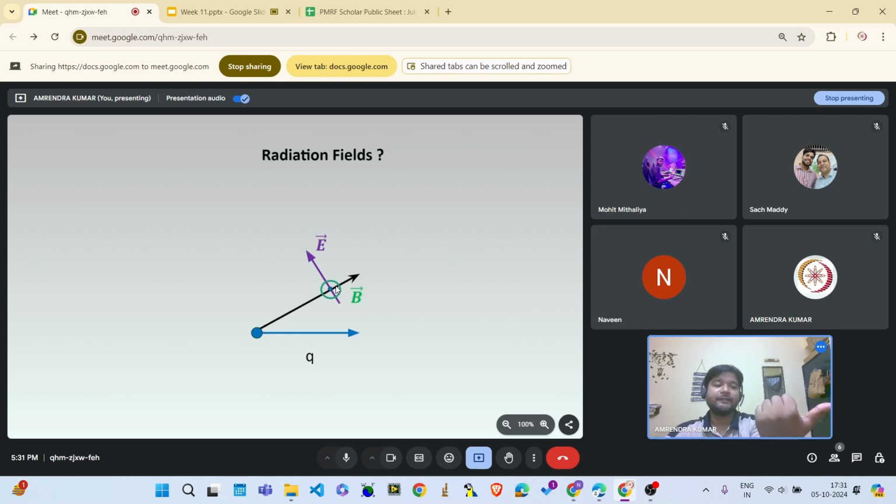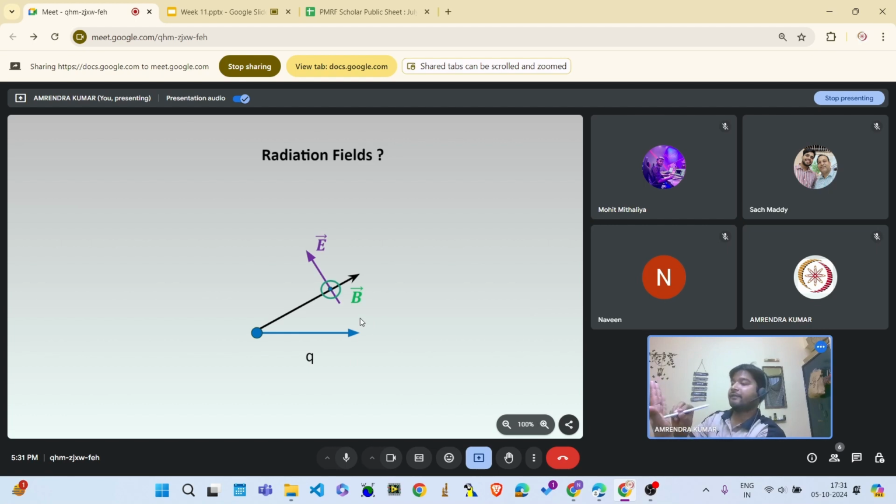E cross B will be like this, and that is giving you the propagation direction. This is the propagation direction, this is the electric field, and this is the magnetic field. They are perpendicular, so if you do the cross product, you will find the propagation direction.